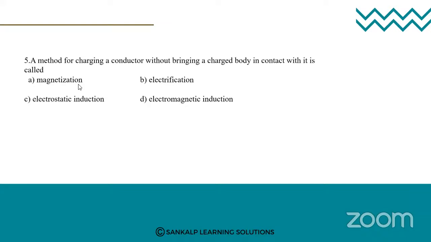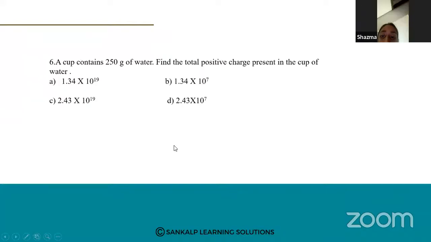Magnetization is not the process. Magnetization is a different thing. When you keep a magnet in a magnetic field, that is magnetization. It is the induction method, a method of charging a conductor without bringing a charged body in contact.